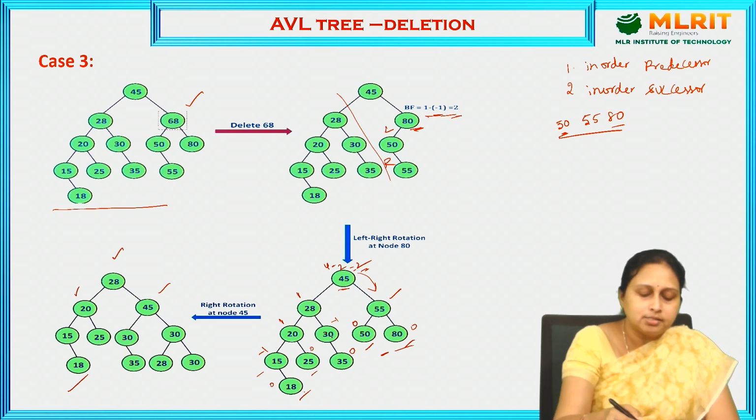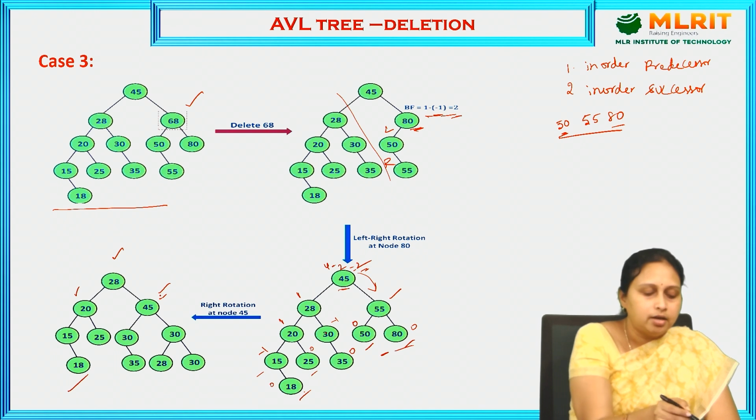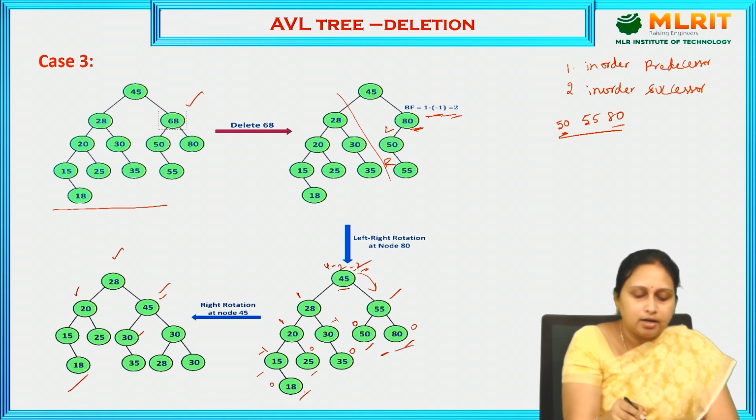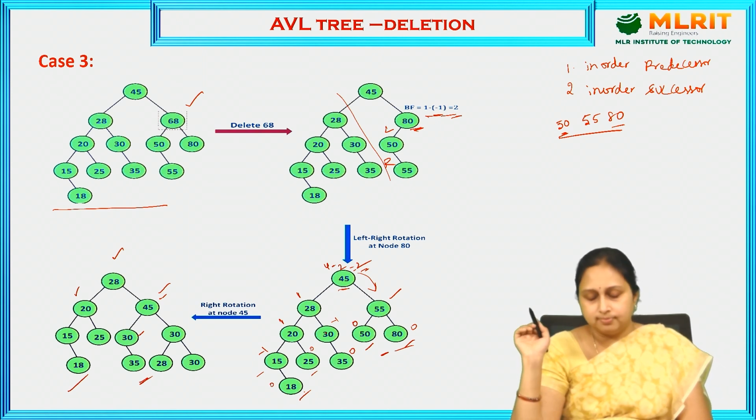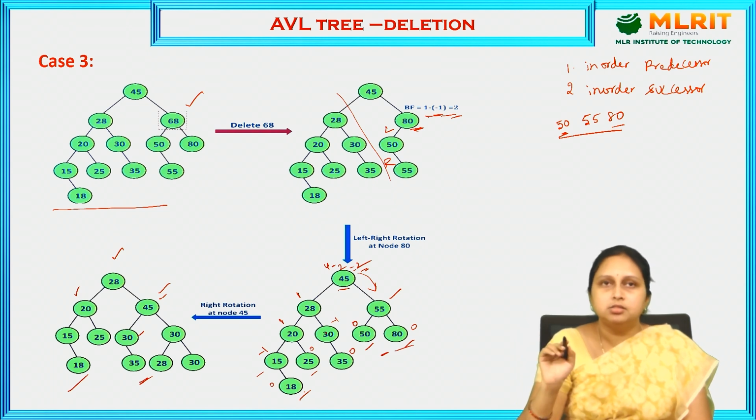On 28's right hand side you have 30, compare that with 45, it is lesser than 45, so we need to place 30 here. And 35 is right of 30. So we are going to place it like this. Not only performing the rotation, it has to satisfy the property of BST also. This is how the third case is going to be.